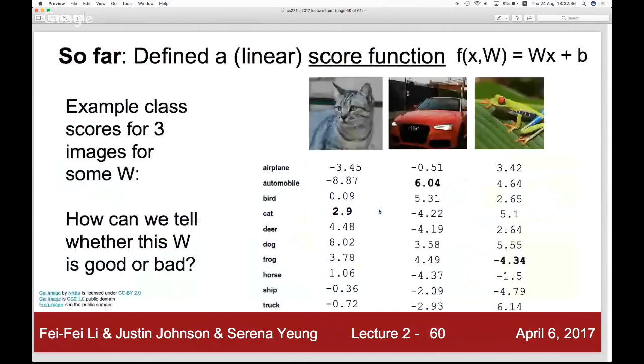And what can we do? So we'll get to that in a while, but we can get an idea of what's going on from this by thinking about whether a W is good or bad. So we want some way of assessing whether a particular W that we've been given, a model that we've been given, is good or not. Why do we want that?